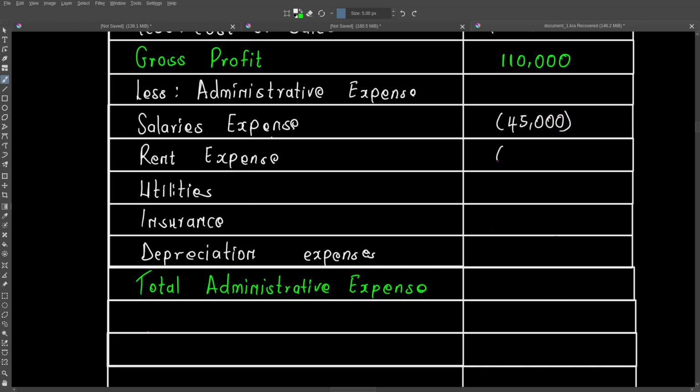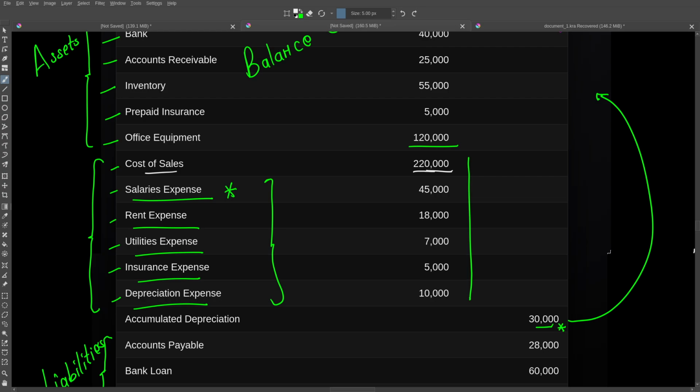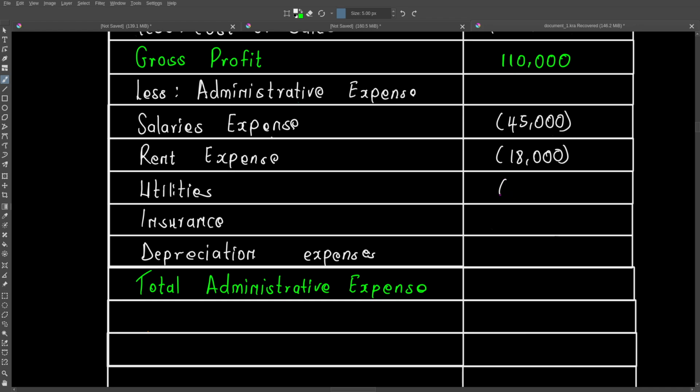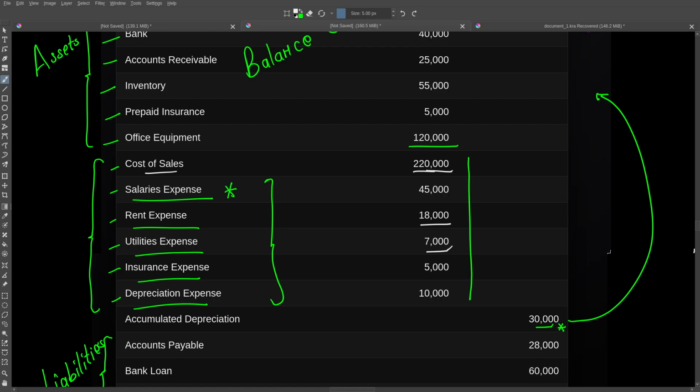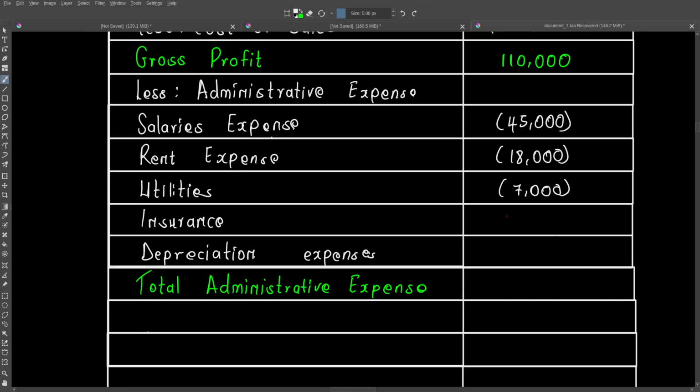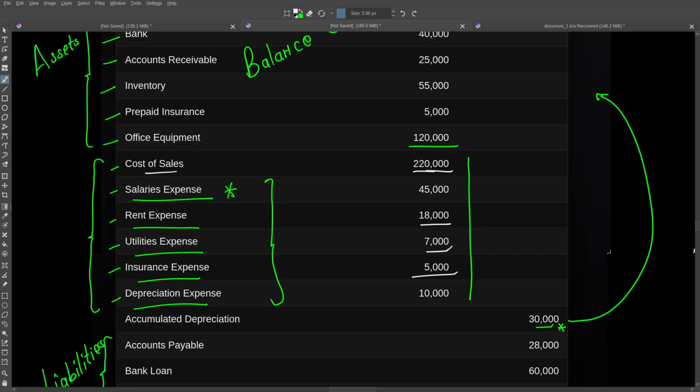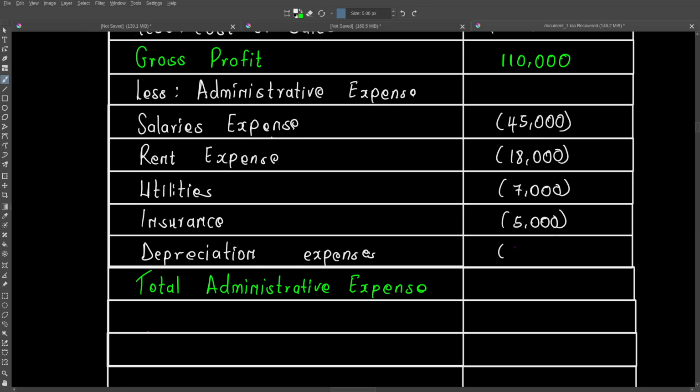So 45,000, we add 18,000, okay? We had 18,000. We have utilities as 7,000. Then we have insurance as 5,000. And our depreciation expense as well is 10,000, okay? So here we are going to have a total administrative expense.